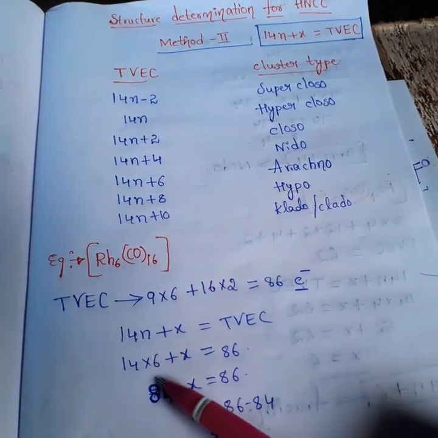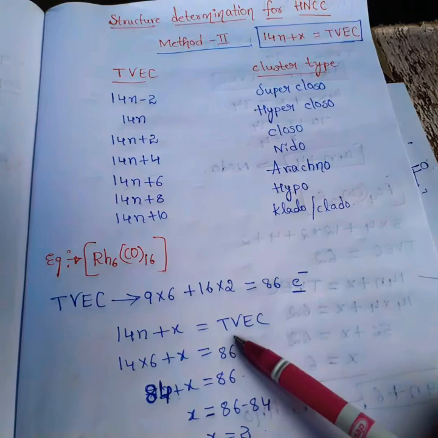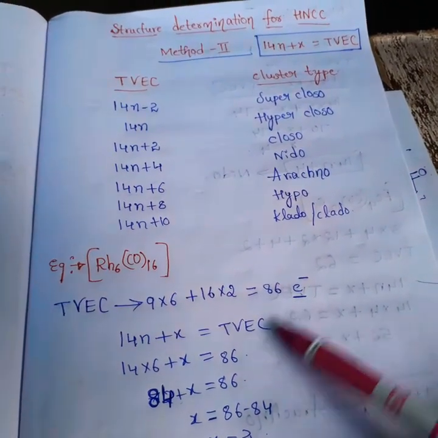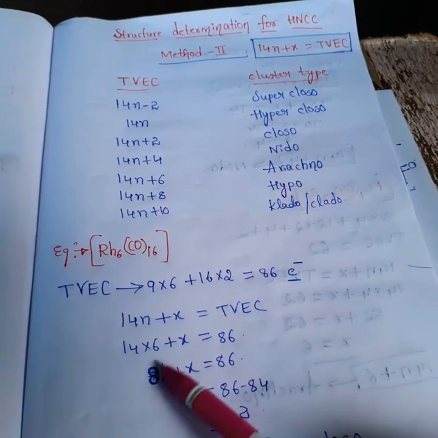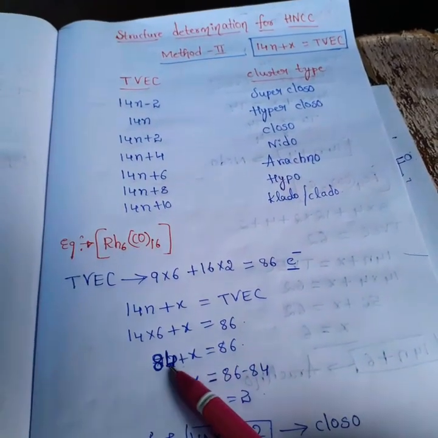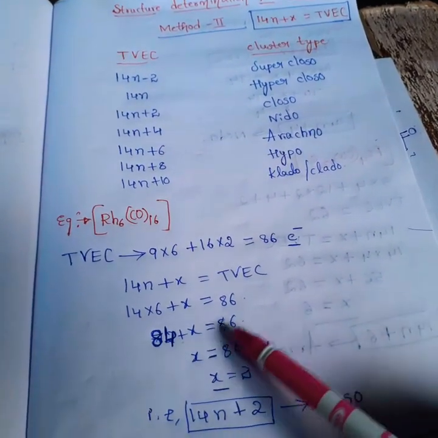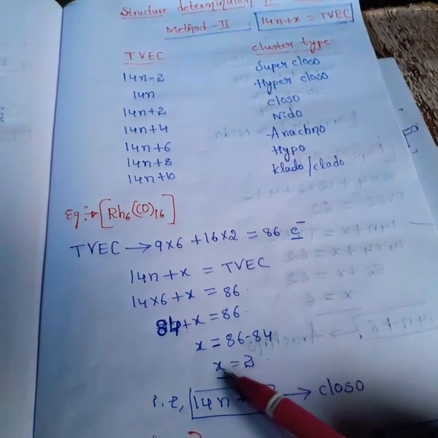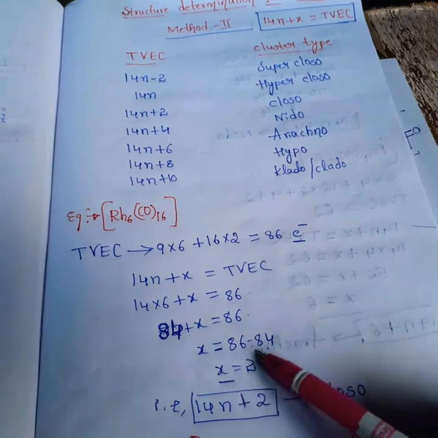In place of total valency electron count, we have already calculated 86. 14 into 6 is 84. So 84 plus X is equal to 86, and here we will get 2. So we got X as 2.